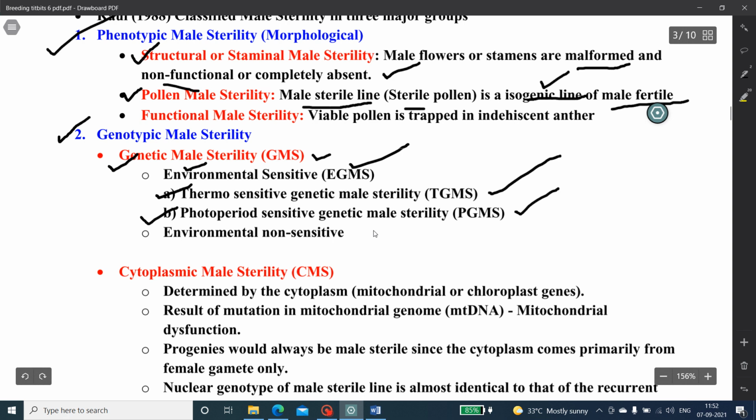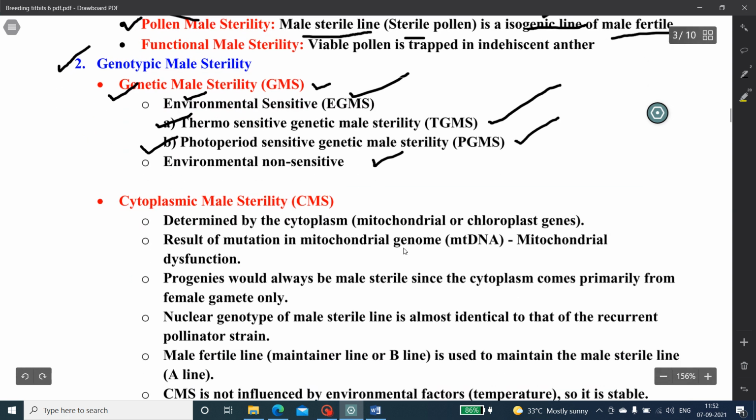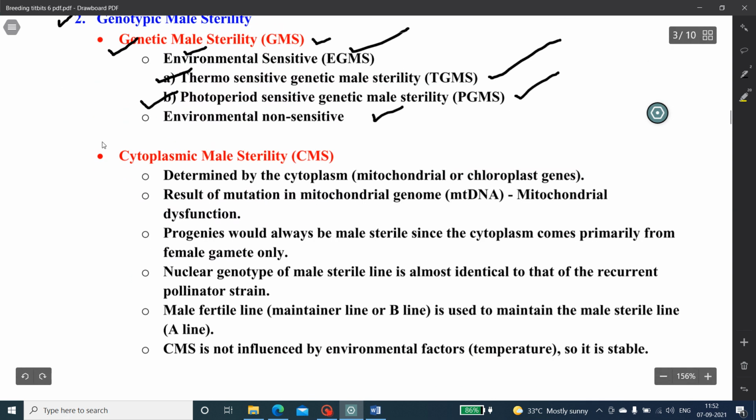And an environment non-sensitive type of genetic male sterility is also available. And the second major type in genotypic male sterility is cytoplasmic male sterility. This sterility is mostly determined by the cytoplasm, the mitochondrial or chloroplast genes.